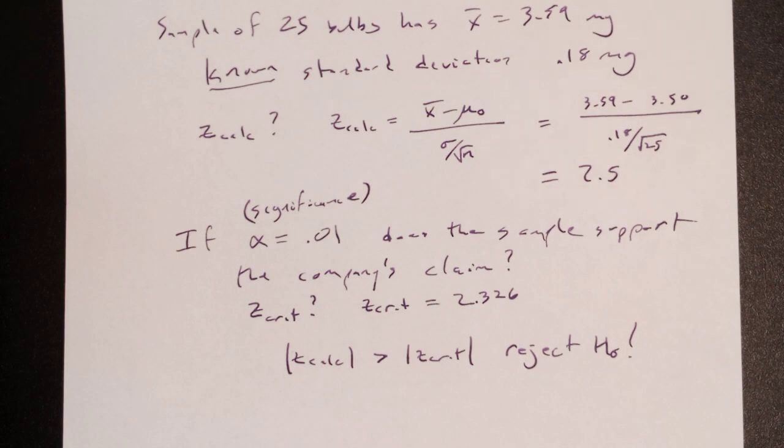This group of 25 light bulbs had a higher average mercury content than you claimed. You claimed it would never be bigger than 3.50, and it is statistically improbable that I got an average of 3.59 randomly. There's more here than just blind luck. I happen to pick all the mercury heavy bulbs. Something's not right.